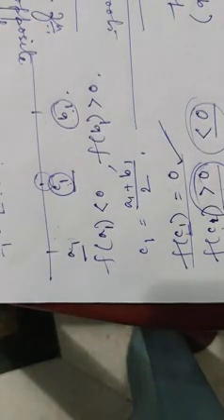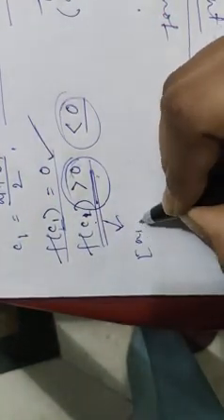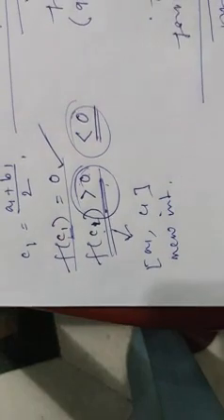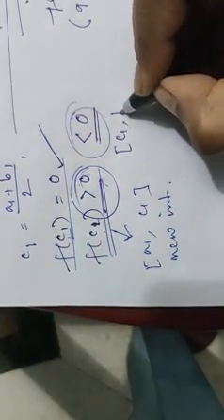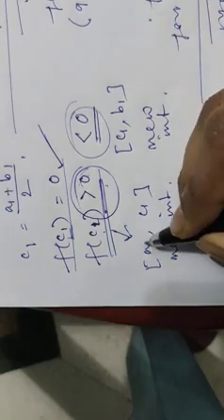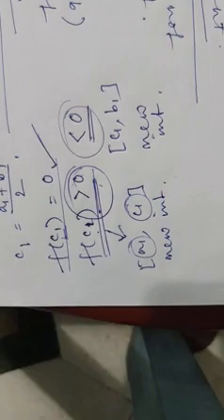Okay, so if this happens, then we will choose a1 comma c1 as our new interval. And if this happens, this is less than 0, then we will choose c1 comma b1 as our new interval such that we want to make the signs at the end points different, opposite actually.